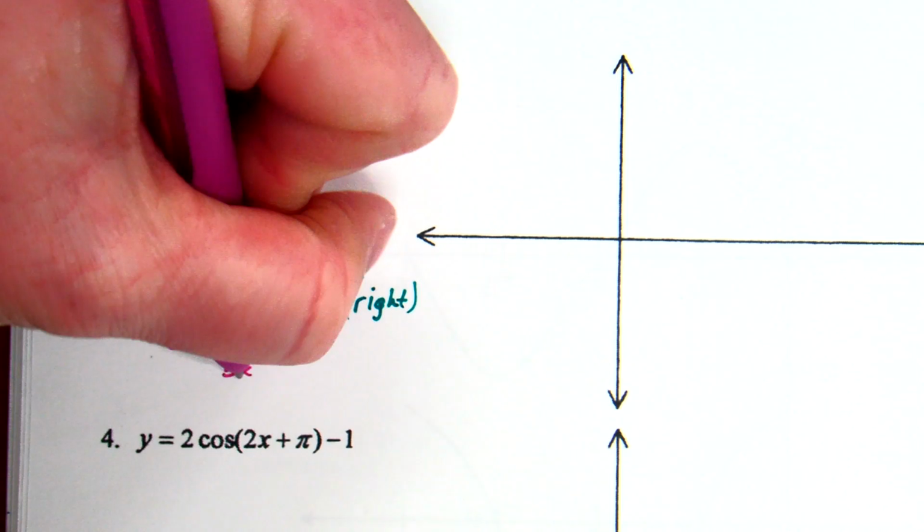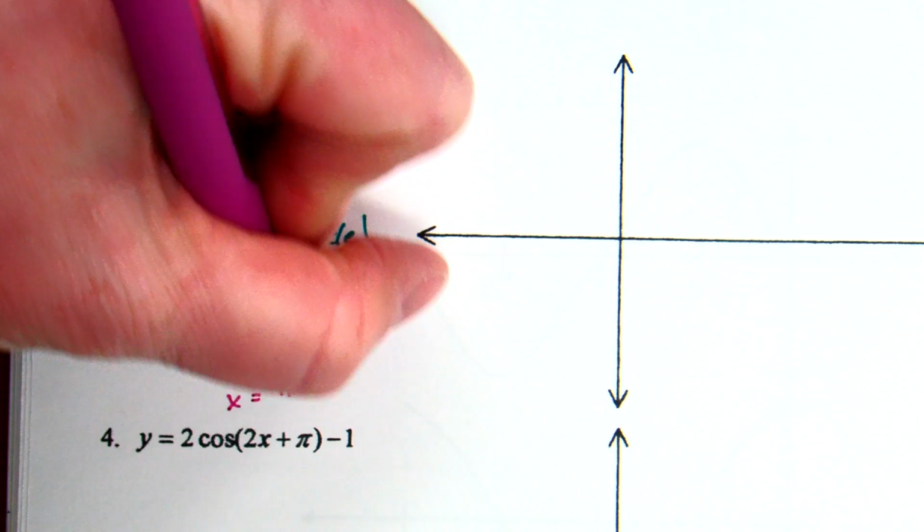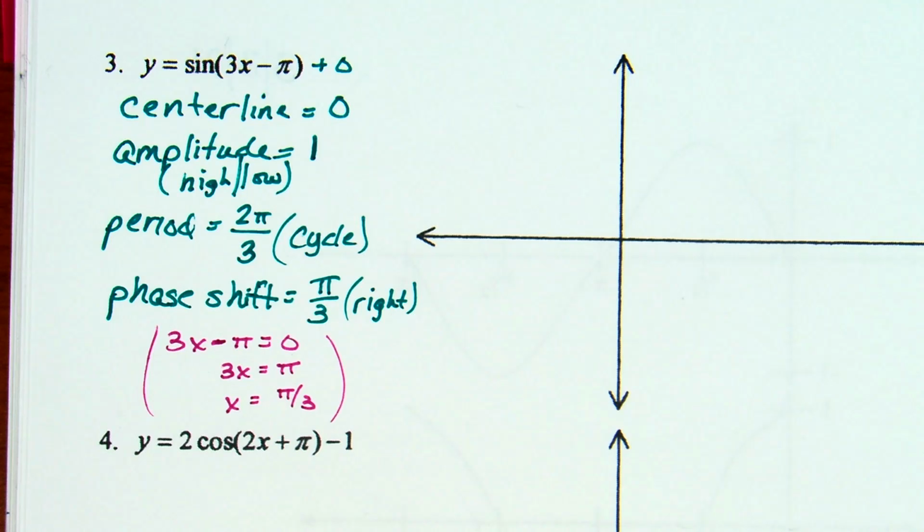Add pi. So you have 3x equals pi. And then you would divide by 3. And so you would have x equals pi over 3. That confirms that, yes, my phase shift is a positive pi over 3, meaning we're going right.